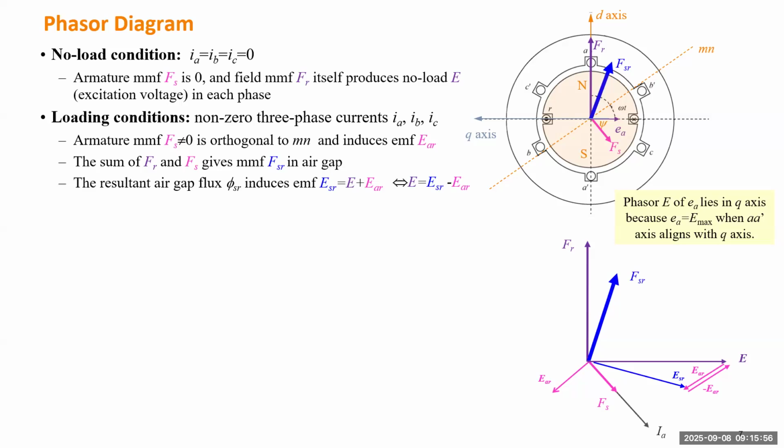So if we also draw the current, the stator current is always in the same direction as Fs, because this is the stator current magnetomotive force, right? So this one is roughly proportional to the current.